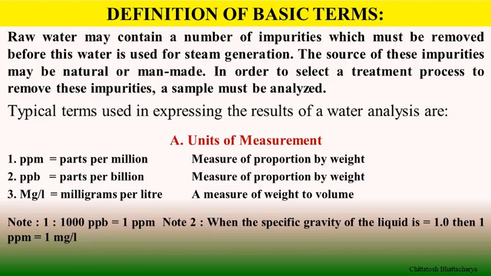When the specific gravity of liquid is 1, then 1 ppm equals 1 milligram per liter.